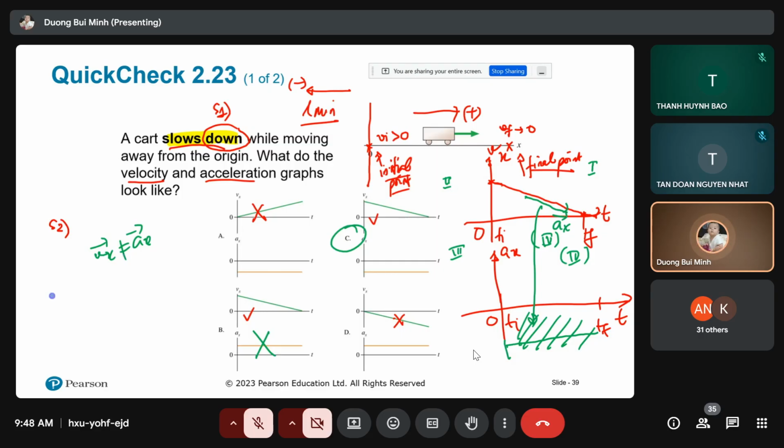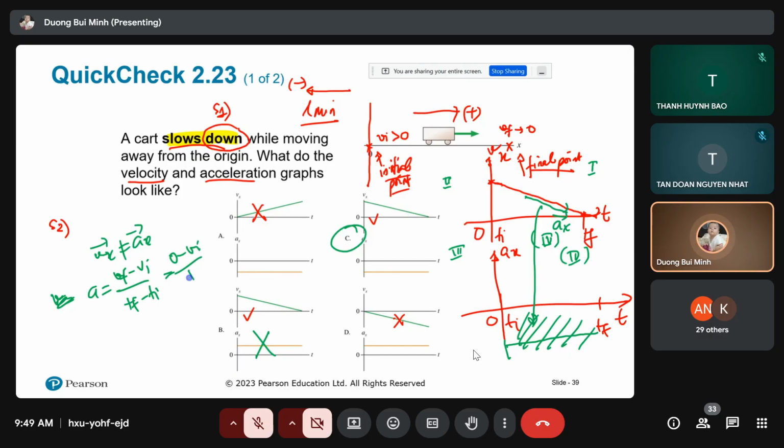We have a is Vf minus Vi over Tf minus Ti. Then you can see Vf is 0 and Vi is some negative, maybe, divided by Tf minus Ti.